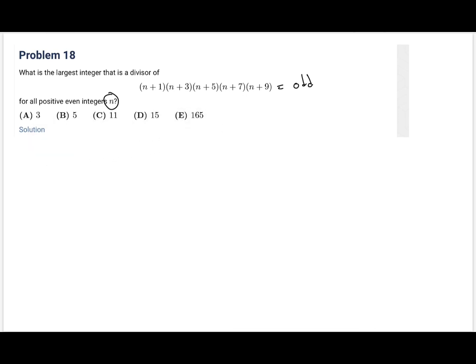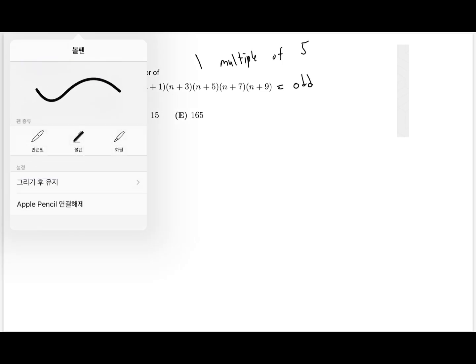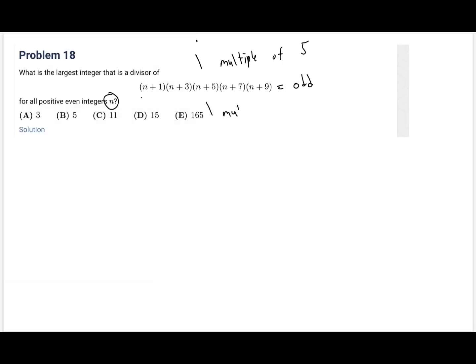Okay, so first of all, since there are 5 numbers here, there must be at least one multiple of 5 here, right? And then here, since there are more than 3, there also should be at least one multiple of 3, right?